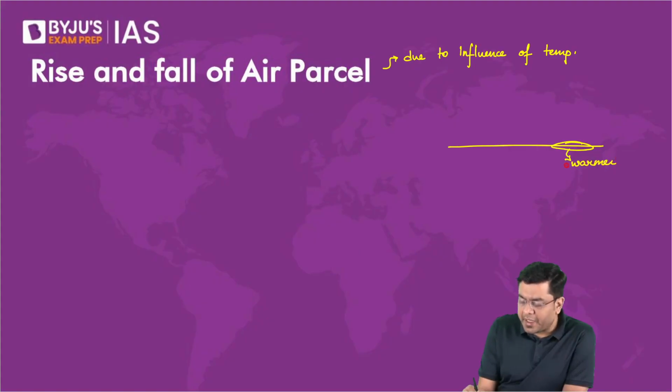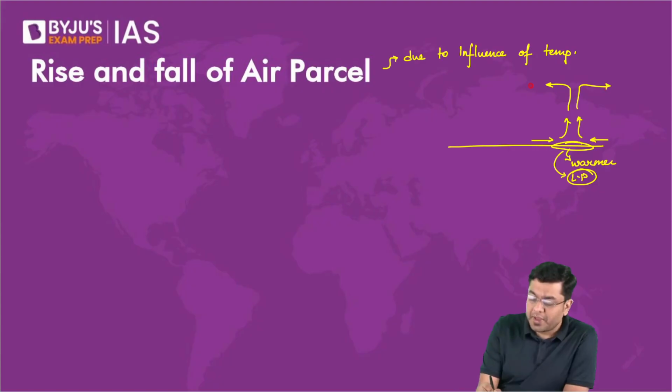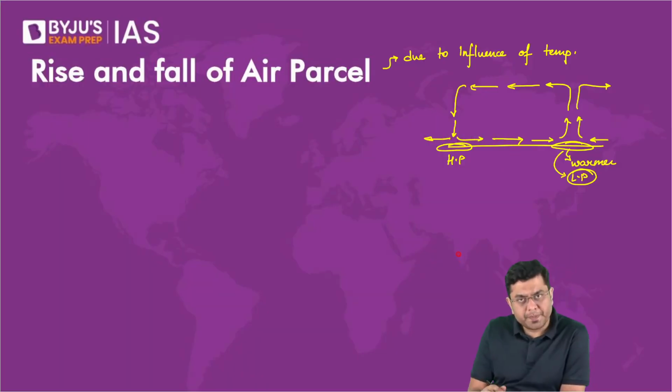Now, in this area, because it is warm, you will have creation of a low pressure, and that low pressure will attract winds from different directions. The wind will rise up, then it will diverge. As it diverges, it will sink in a region of a high pressure or create a high pressure wherever it sinks. There it diverges again, and that is how the circulation is achieved, isn't it? That is what we have basically taken a look at.